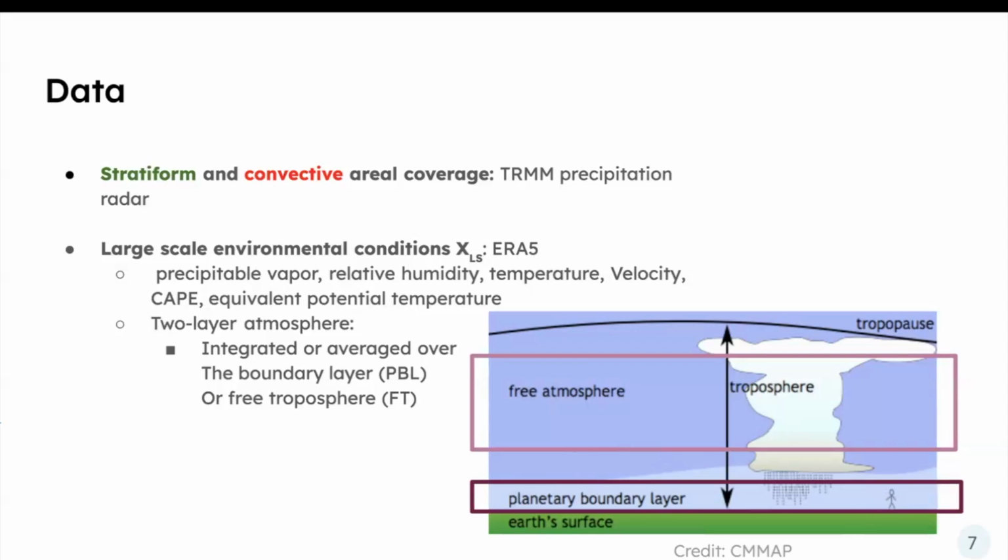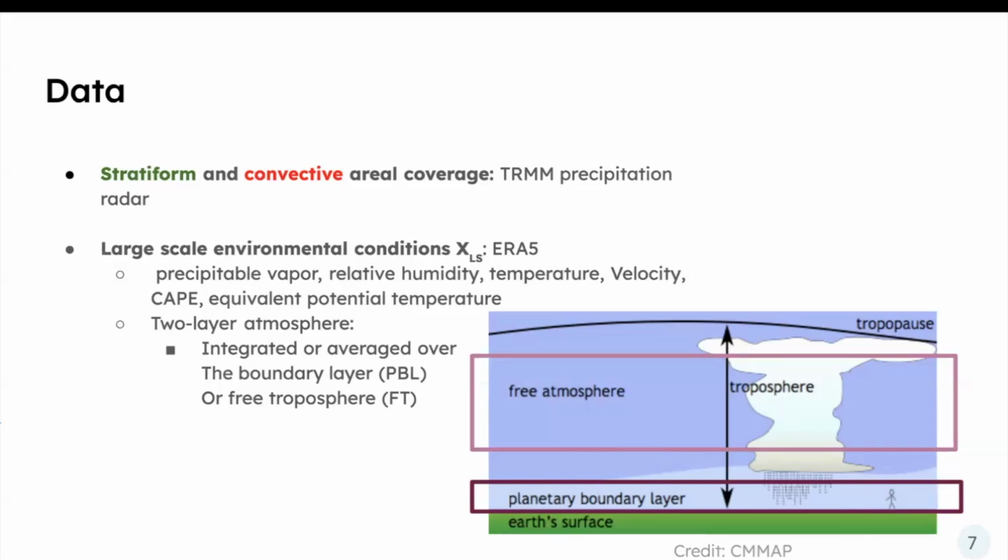And I'm picking variables that previous papers refer to as being important for precipitation. That includes precipitable water, or this integrated amount of water in the atmosphere, relative humidity, temperature, and potential temperature. They give me the thermodynamics.